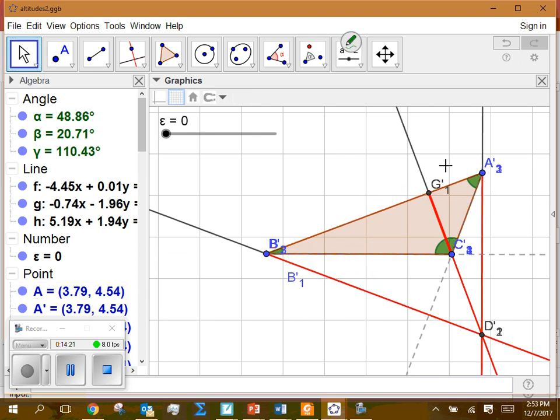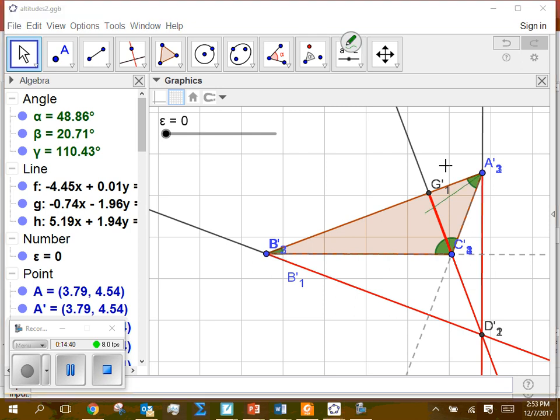Okay. Now my altitudes are still the red lines. Okay. And the idea here, this is kind of what I'm trying to figure out with how to code this. But going from A prime to this side B prime, C prime, okay? There'll never be like an altitude in here because I'll never be able to get one of those green lines to be perpendicular to that side, right?